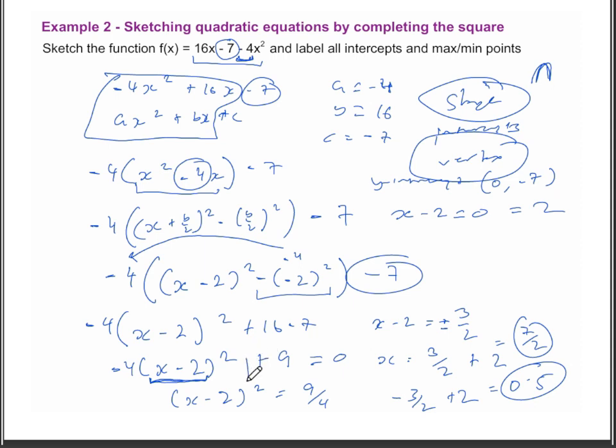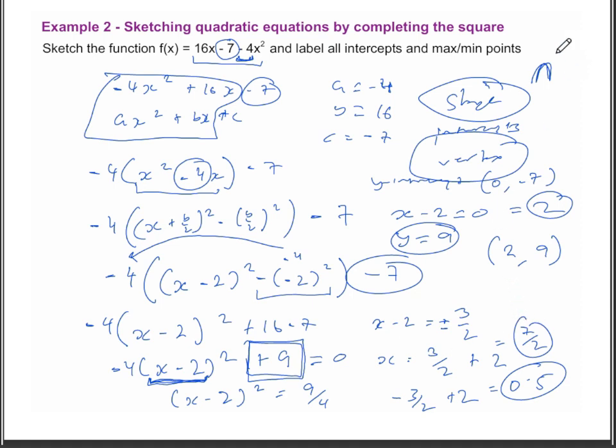Then the number outside the bracket, the 9, will be your y coordinate. So to get your vertex, you solve the bracket equal to 0 to get the x coordinate, and the number outside is the y coordinate. Your vertex is (2, 9).